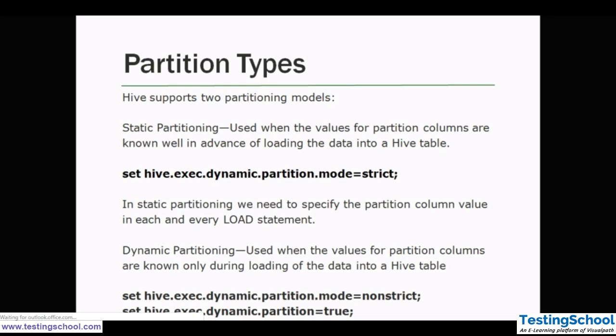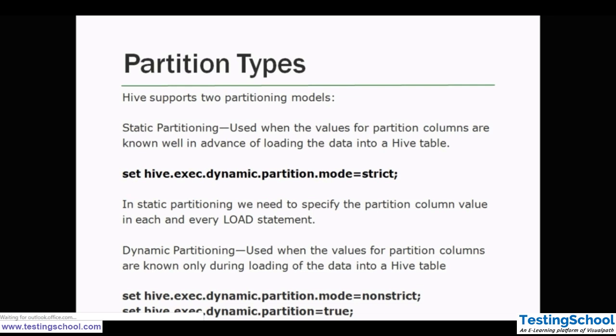So we have two types of partition available in Hive, the static partition and the dynamic partition. The static partition is the default partition, and we know which data we are going to partition. So when we load our data into the table, we specify the column, because we know in advance our data type and the column which we are going to partition.